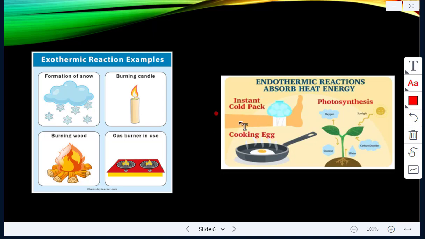An instant cold pack absorbs energy and then becomes cooler, for use on injuries or sprains. Anytime we're cooking or baking, those are endothermic reactions because they're absorbing energy. And photosynthesis is another example that we already talked about.